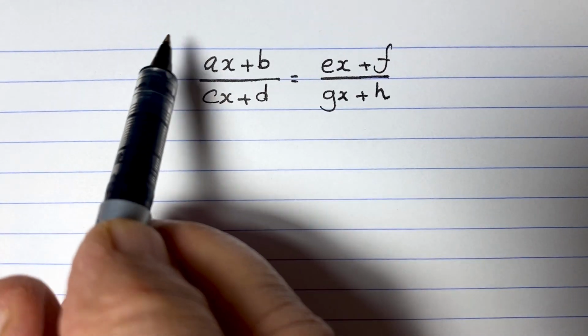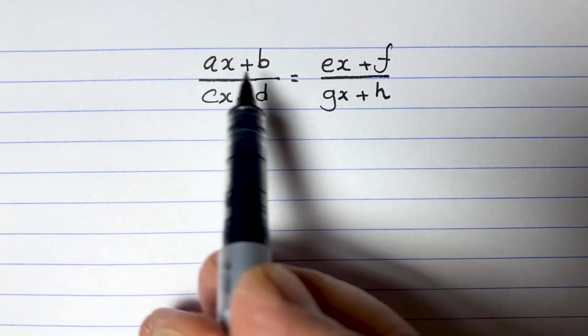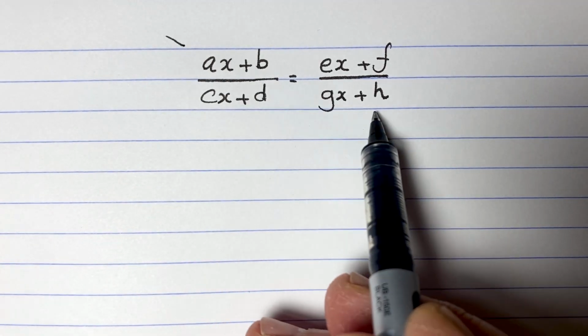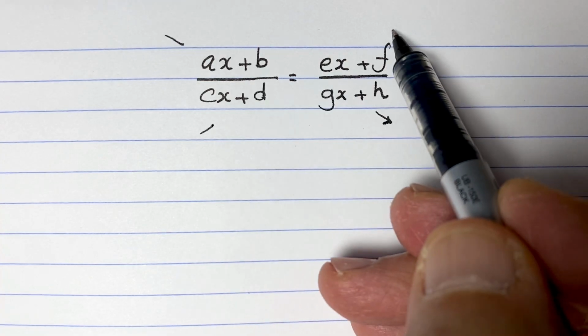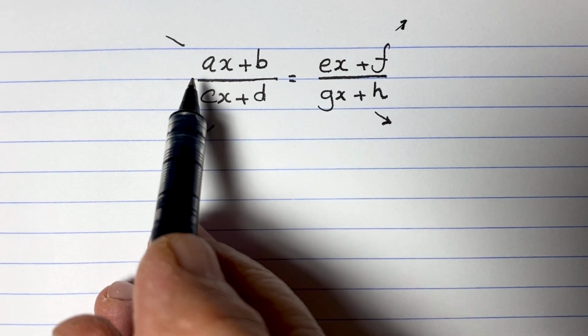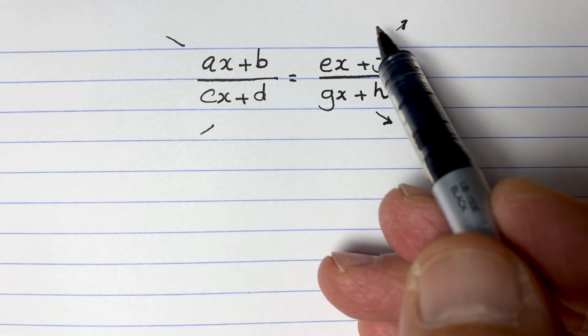To start with this question, I will get rid of the fractions by doing a cross multiplication. Multiply diagonally equals multiply diagonally with the other two fractions. And it doesn't matter whether you start with this diagonal or with this diagonal.